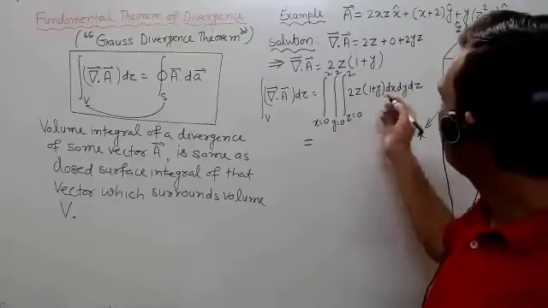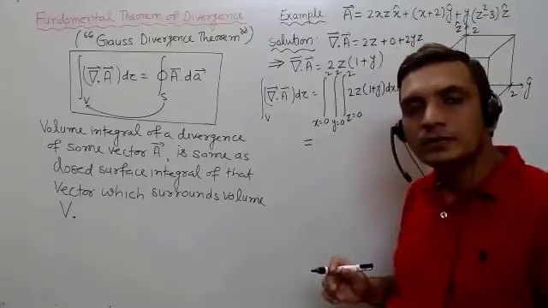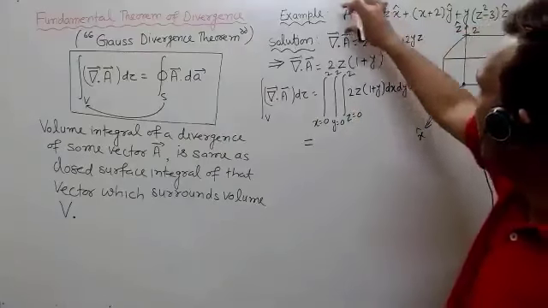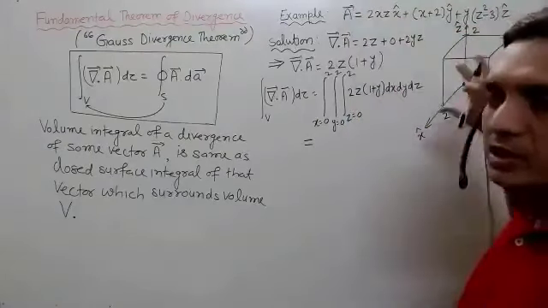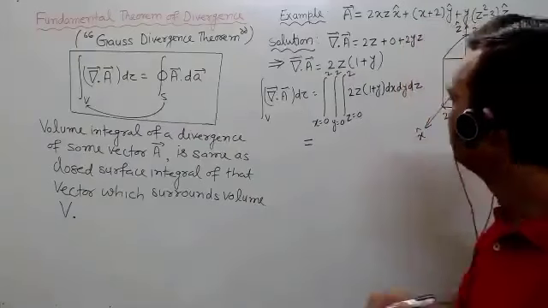Actually, this volume is given, this vector is given, and this volume is given. That sides are 2. These are the known parameters.